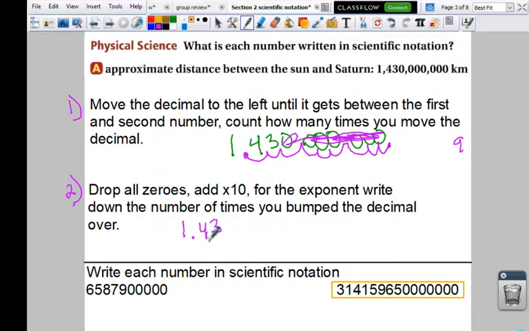Then I need to put my times sign, and then my 10. The 10 needs a number for an exponent, and that exponent is this 9 that I counted earlier. So 1.43 times 10 to the 9. And that's it.